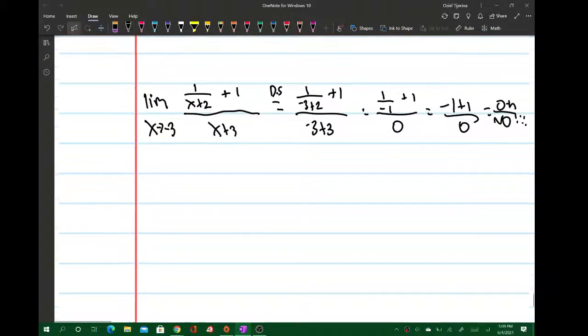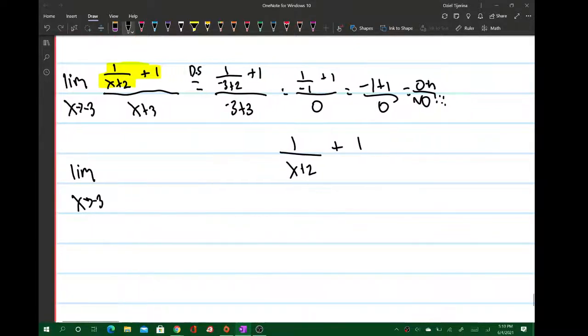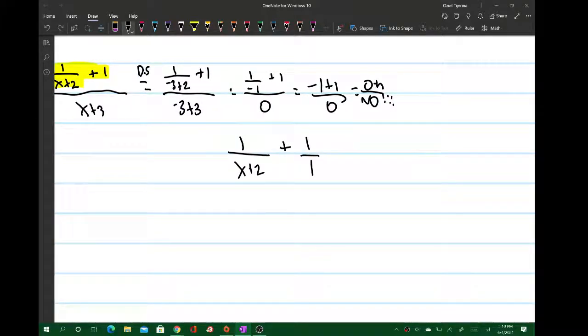We don't want that. So we're going to go ahead and say that the limit as x approaches negative 3, we're going to do the same thing that we did in the last one. We're going to go ahead and simplify this part. So obviously, we're going to do 1 over x plus 2 plus 1 over 1. This is equal to 1 times 1 plus 1 times x plus 2 over x plus 2 times 1.